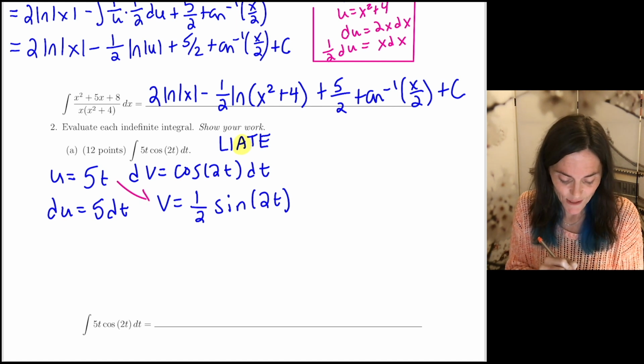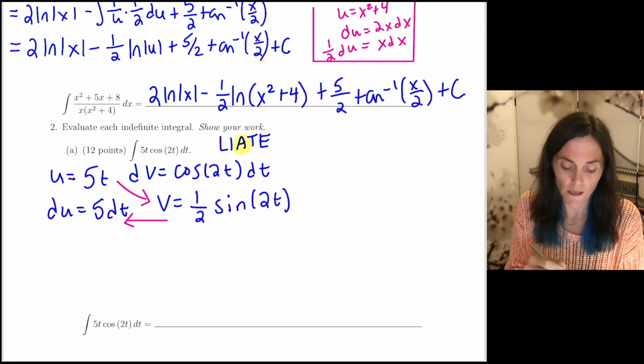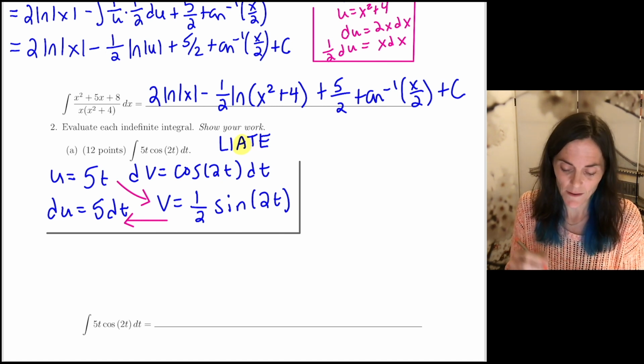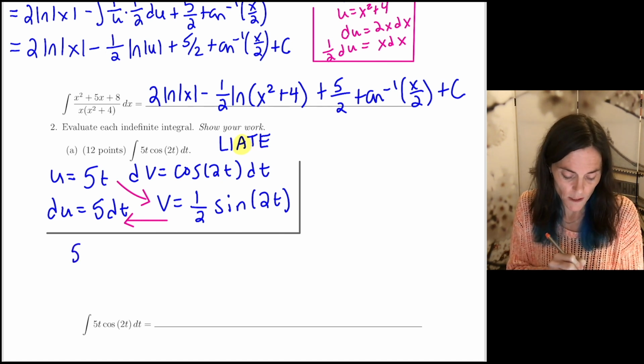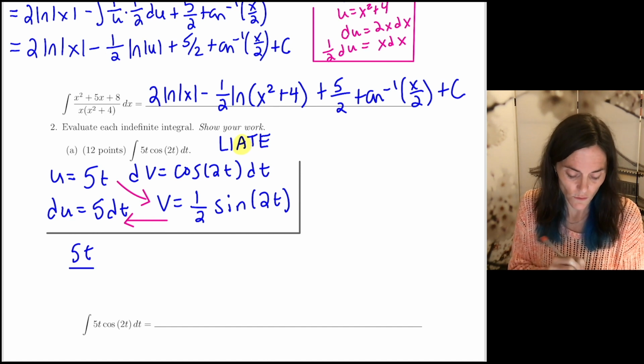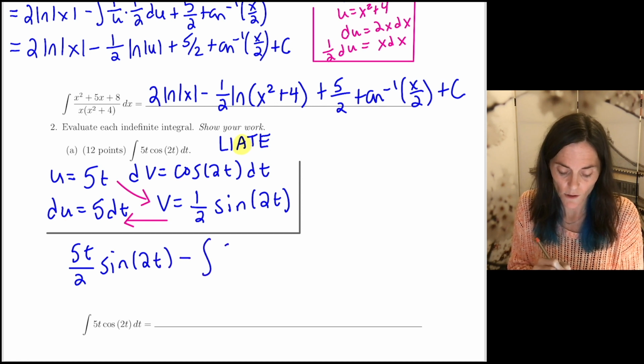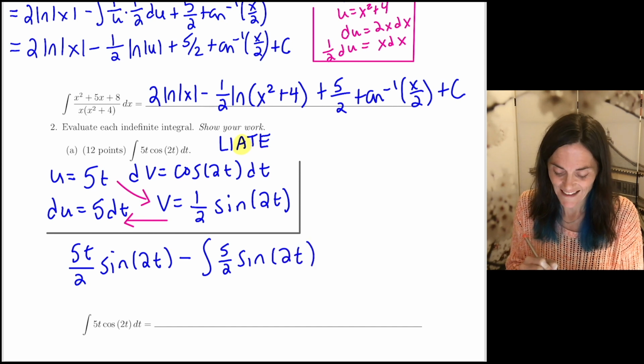Integration by parts goes uv minus the integral of v du. And let me put a box around this part. So we have uv, which is 5t over 2 sine of 2t, and then minus the integral of 5 over 2 sine of 2t dt.